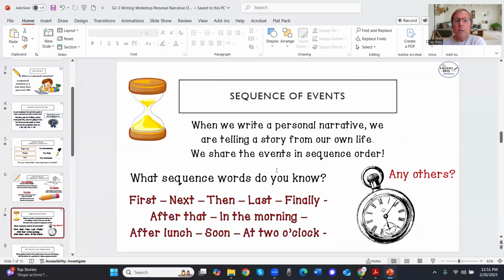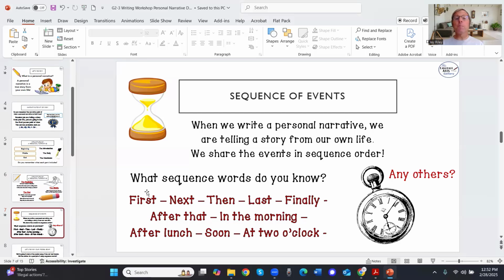So let's talk a little bit about sequence of events. We know a lot of sequence words like first, next, then, and last. I always tell my students those are our big four. Finally is another one. We can also use phrases like after that, in the morning, after lunch, soon, or at 2 o'clock.